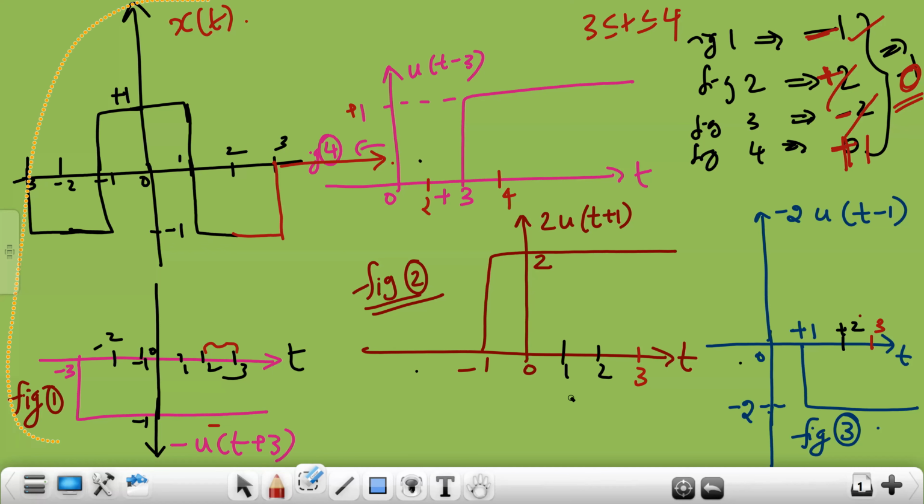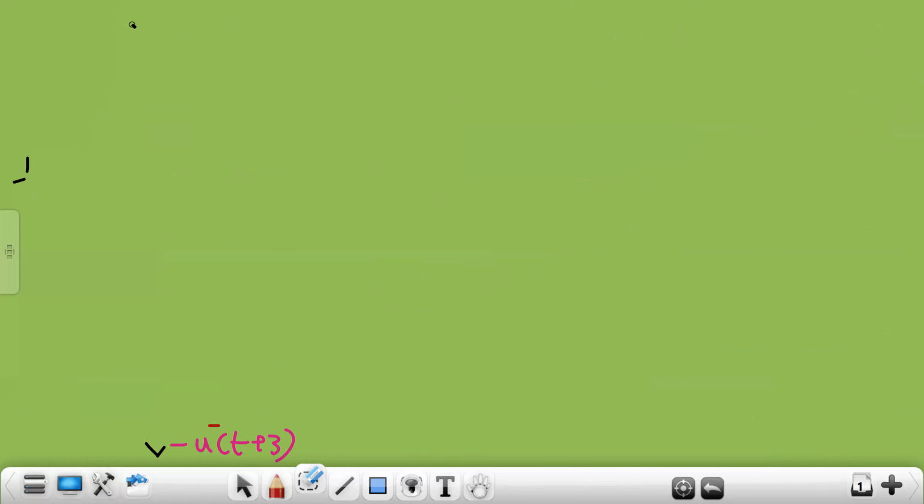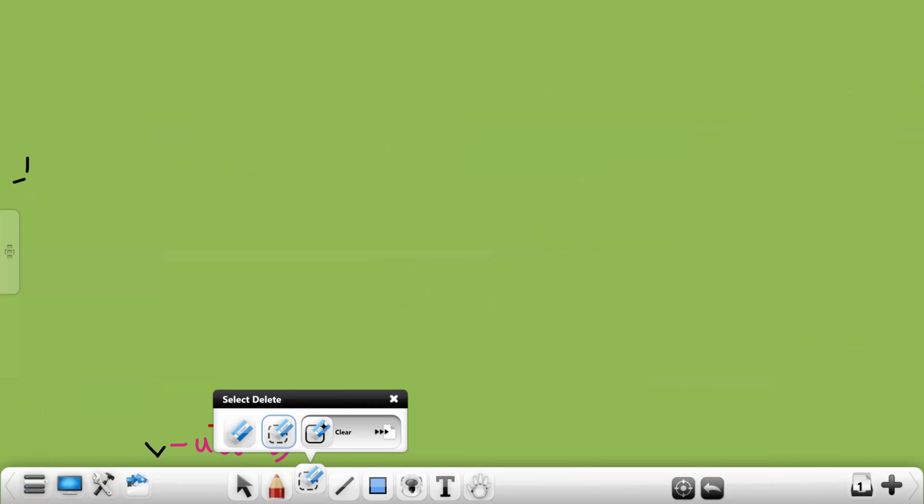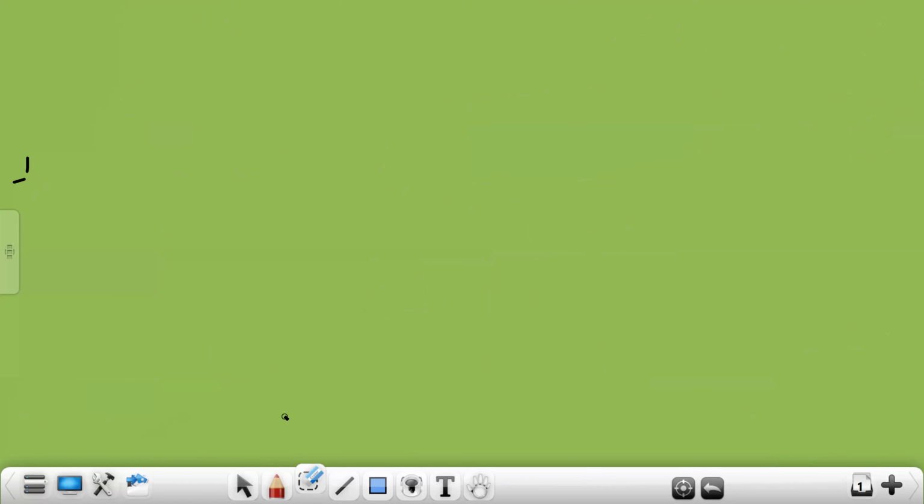Now, before attempting the next problem, I want you to take one note. If we are shifting x of minus t minus t naught, then it will be a left shift.